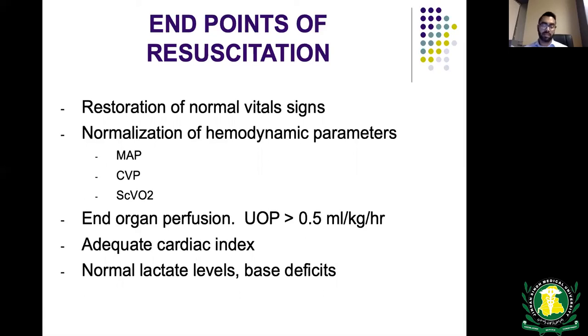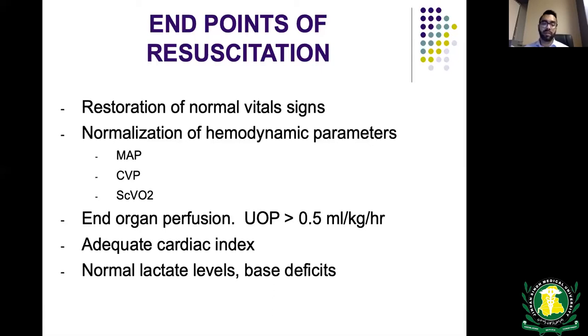I think the best approach is whichever parameters you are using to diagnose the patient and monitor the patient's progress, your endpoints of resuscitation should be normalization of those same parameters. So definitely your vital signs should return to normal. Your MAP should be above 65.